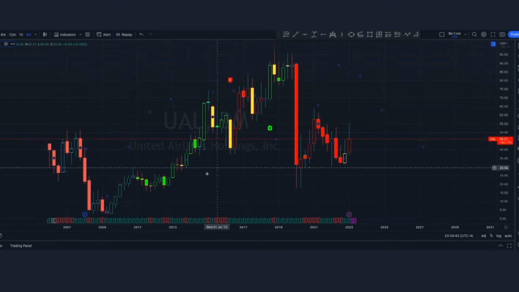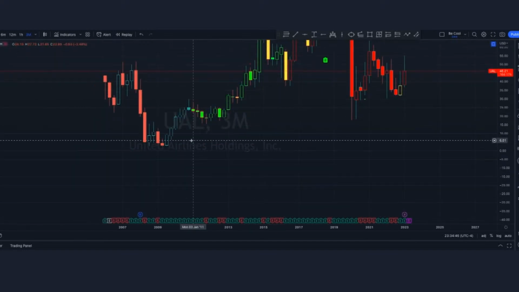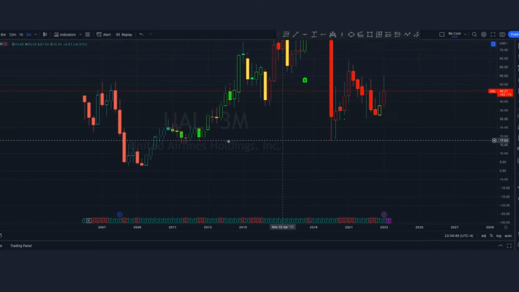Now, level supports. I took the lowest point of this candle and combined these wicks to give me another level. And you see that's what price came right back to later on.